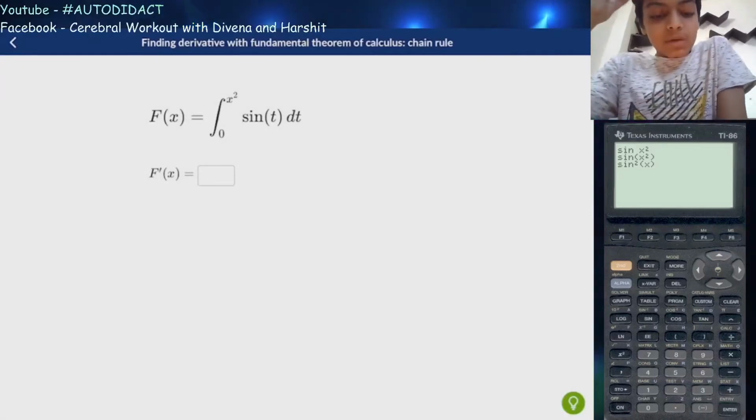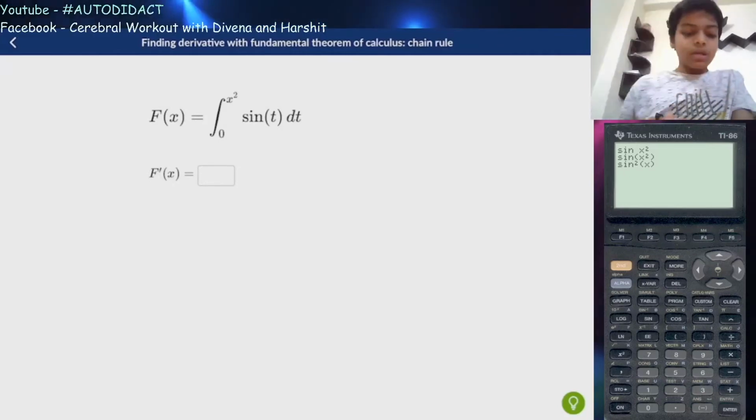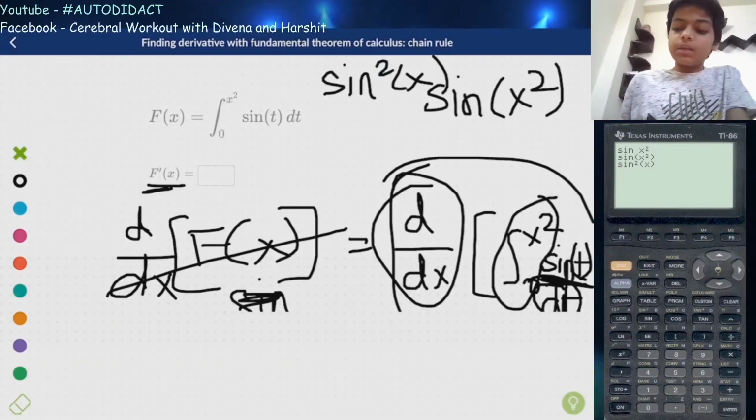Capital F of x is equal to the integral from 0 to x squared of sine of t dt. Okay, let's solve it like this.